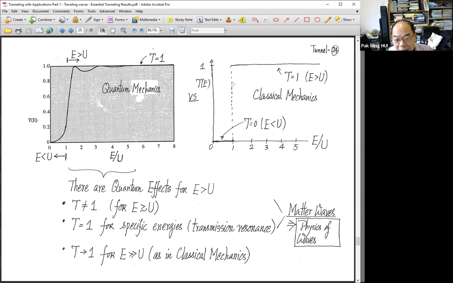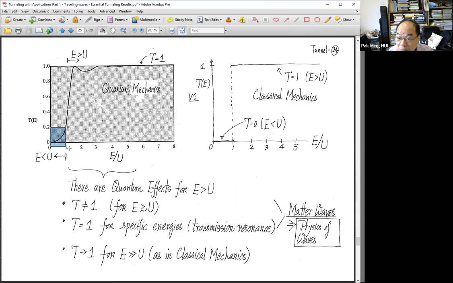Comparing it to the classical mechanics case, we know that below the barrier, 100% rebounding, above the barrier, 100% getting through. Okay, so this is the step function for classical mechanics. And then we have this, both a little bit of transmission below the barrier.